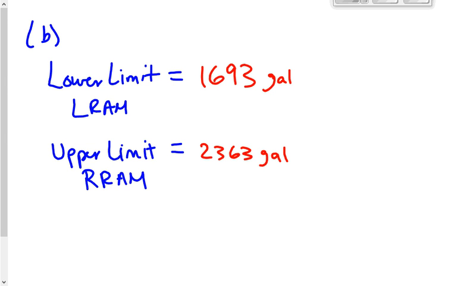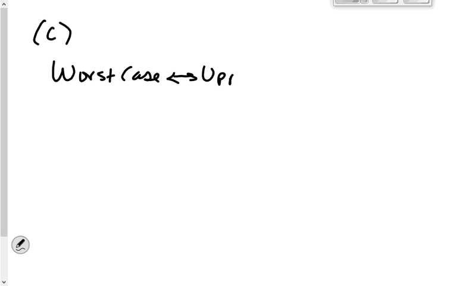So, how about part C? What does part C ask us? See if we can finish this up real quick. Okay, so worst case, again, is our upper limit.